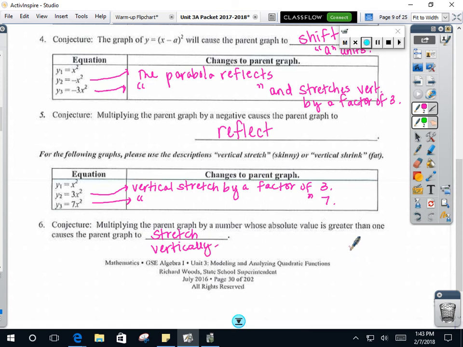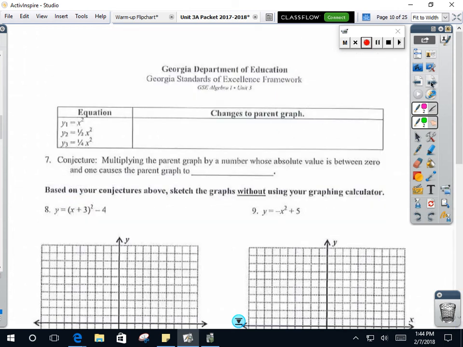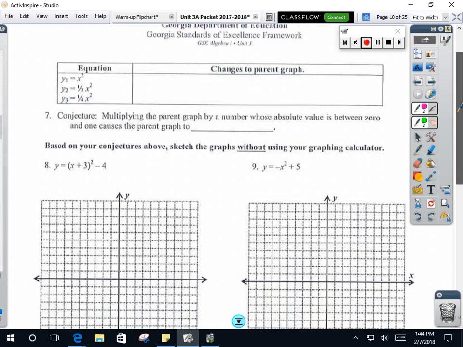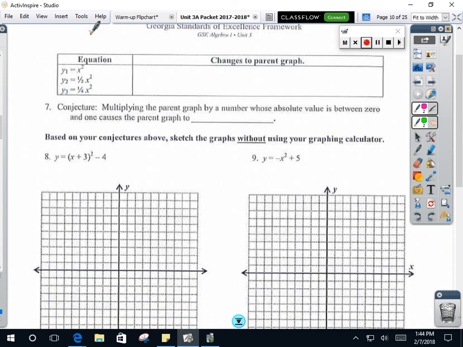Okay, now when you're done writing that, go ahead and turn to page 6. Okay, y equals x squared, y equals 1/2 x squared, y equals 1/4 x squared.